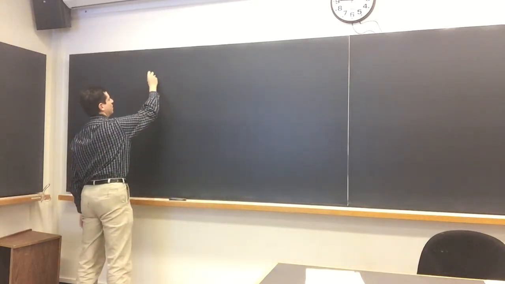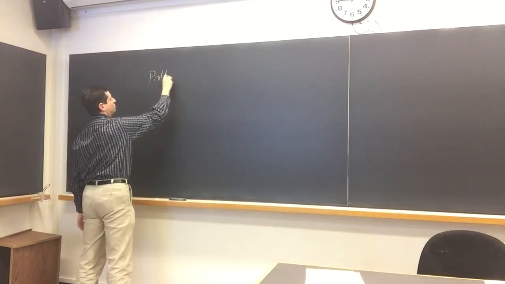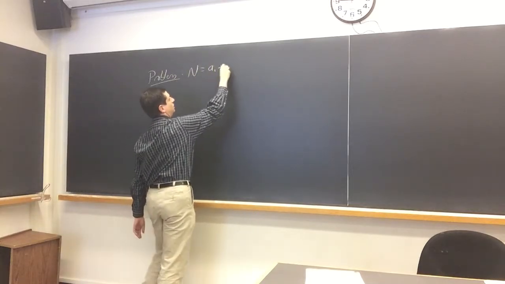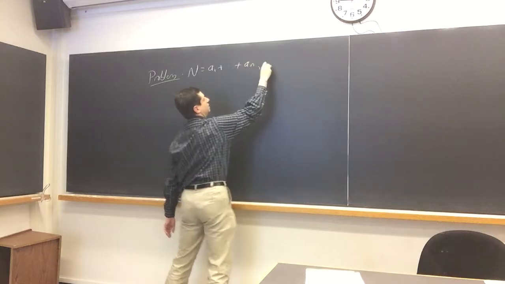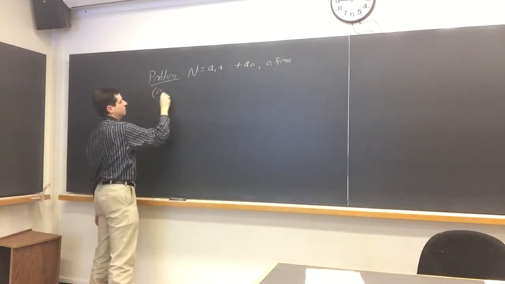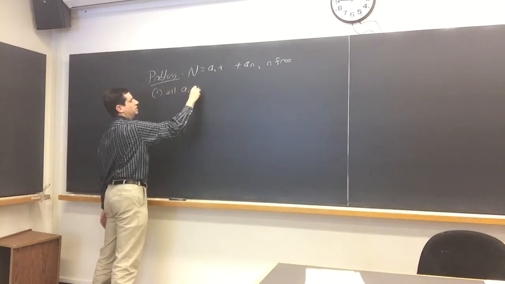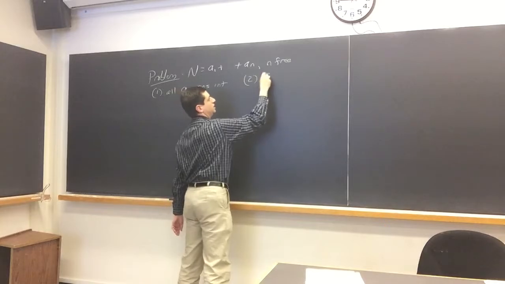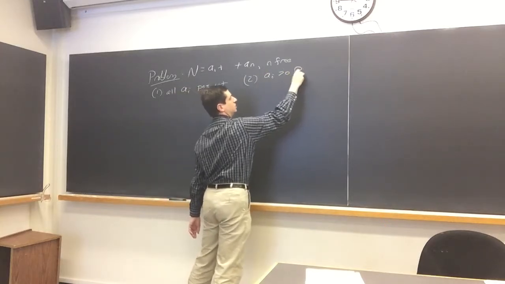Alright, so let's recap the problem. It does hurt holding the chalk. So we want to divide n as a1 plus ... plus an. n is 3. In case 1, all the ai are positive integers. In case 2, the ai greater than 0 are real.